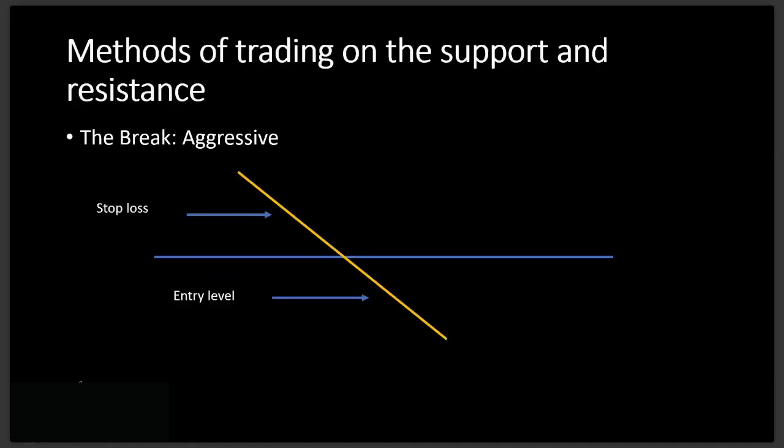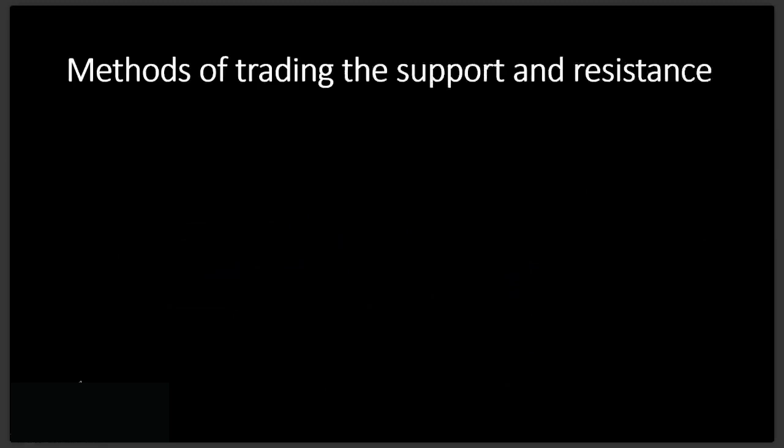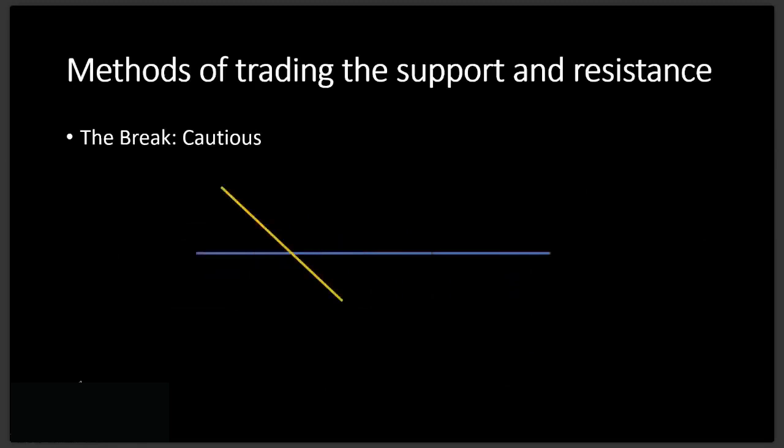The other alternative, of course, is the more cautious approach. With this, they wait for the level to be broken, but they don't jump in. They wait to see if indeed that level has switched its roles. Do you know the rule? If resistance is broken, it then sometimes becomes a support.